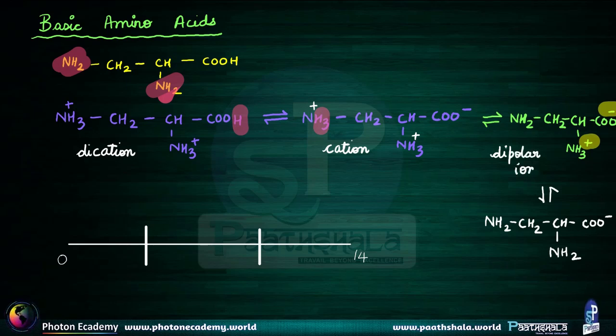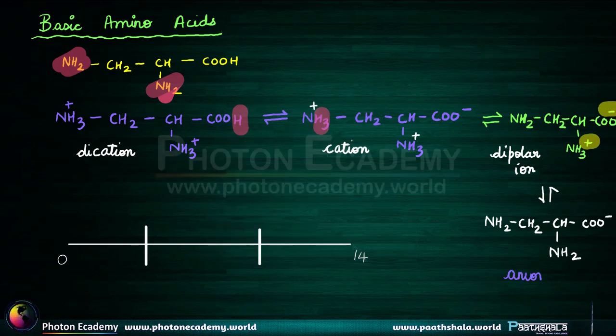Okay. Now when a further H+ is lost, then only the NH3+ can lose the H+, and therefore the last species that develops is the anion, because there is an excess of negative charge.